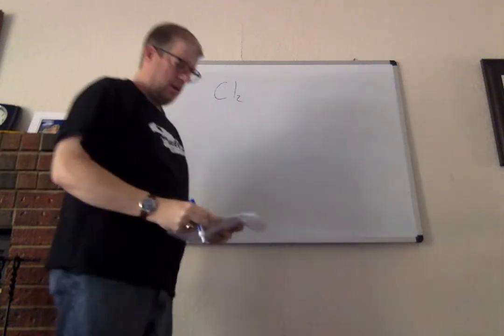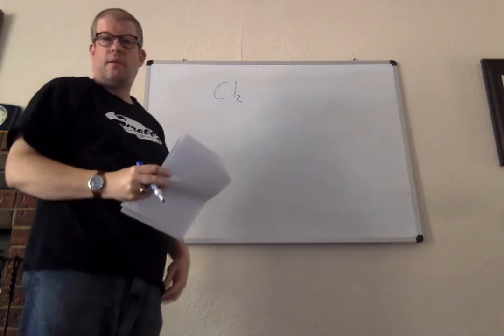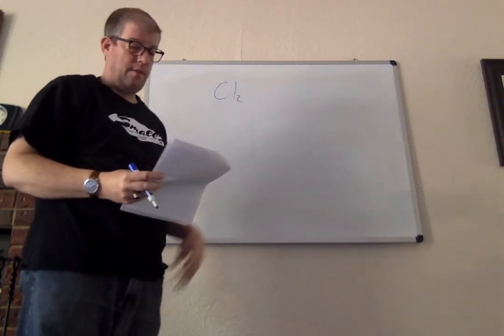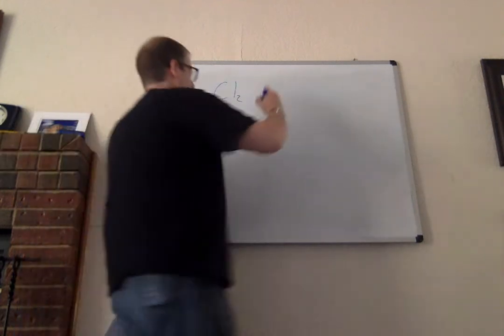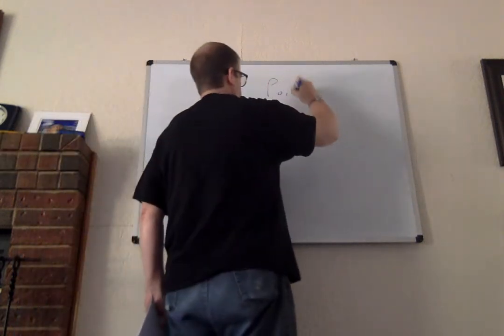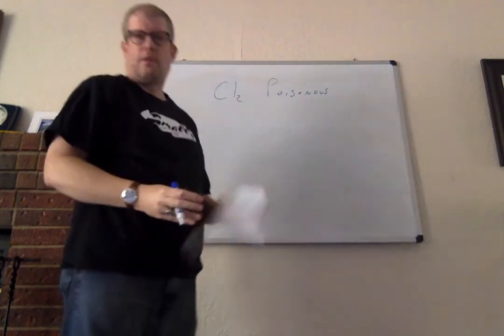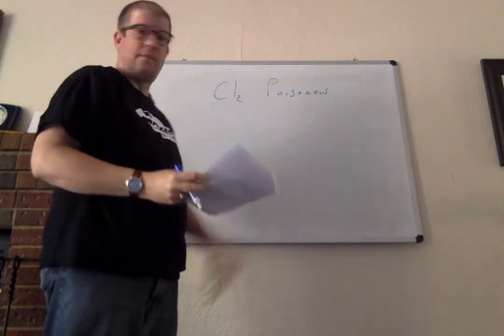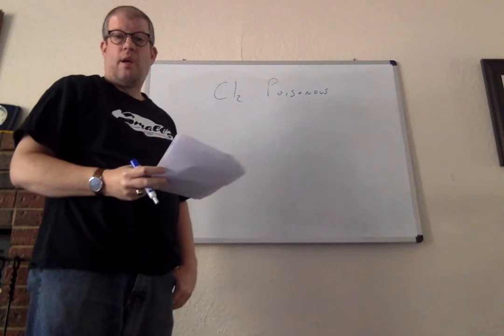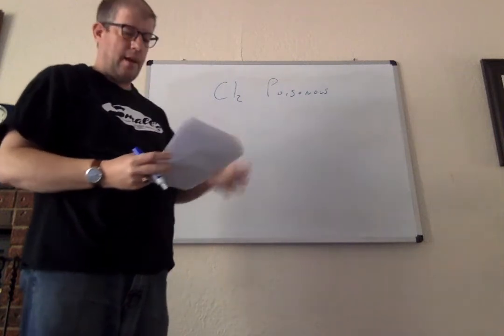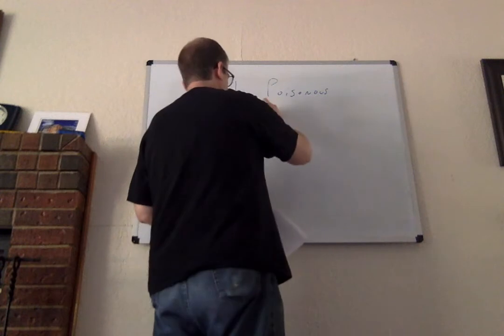chlorine. This is also a gas at room temperature, but it has a very low boiling point, so it's much harder to condense. And one thing about this, we'll get to this in a bit, in terms of a way you could actually run into this unfortunate circumstance, is that chlorine gas is highly poisonous.